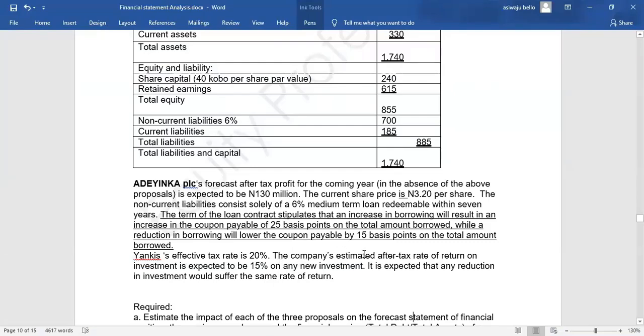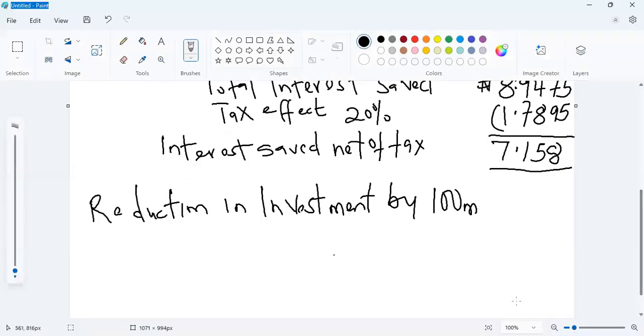The company estimated after-tax rate of return is expected to be 15% on any new investment. It is expected that any reduction in investment will suffer the same rate of return. That means by reducing our investment by 100 million, our return will reduce by 15%.